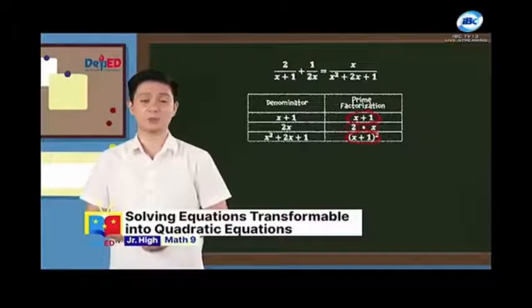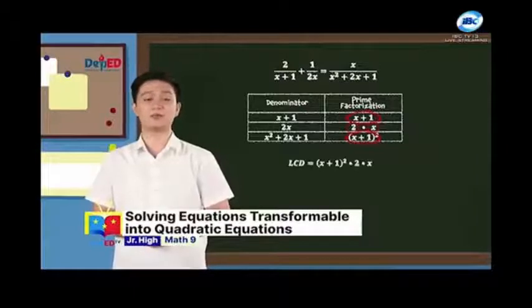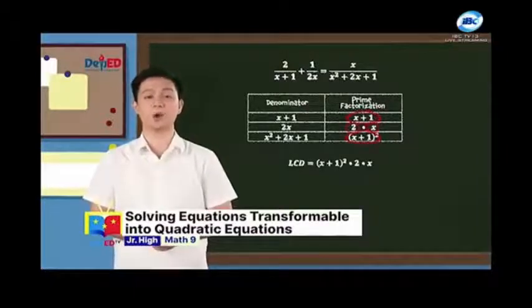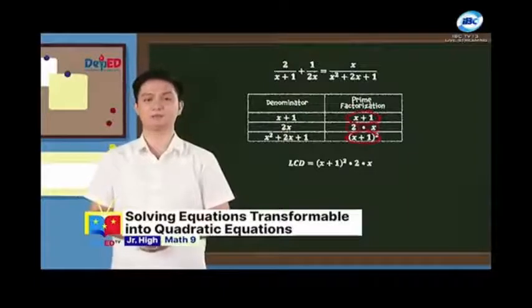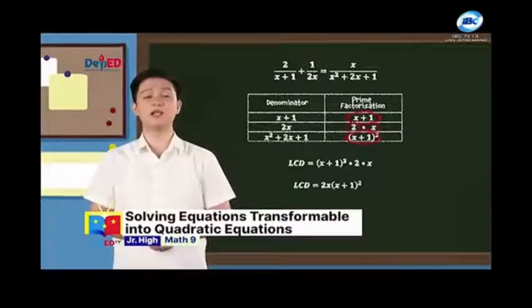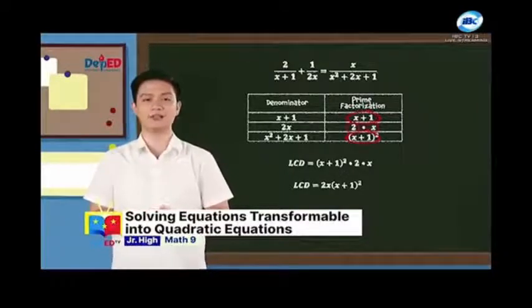What is the highest exponent of x? It is also 1. So the LCD must be equal to the product of the quantity x plus 1 raised to the second power, 2 raised to 1 or simply 2, and x raised to 1 or simply x. The LCD may just be expressed in factored form, so it'll be easier to multiply by it later.